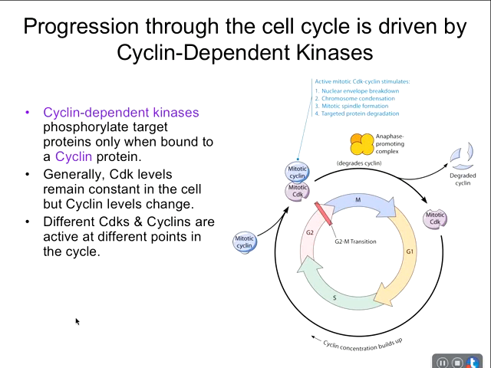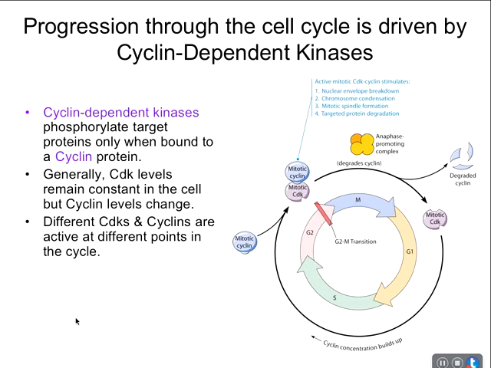All right, so we have pretty constant CDK levels in the cell during the entire cell cycle. This mitotic CDK is at pretty constant levels. What changes is the production of cyclin. We have almost no cyclin present at the end of mitosis. Once mitosis is over, cyclin levels begin to increase. More of that cyclin protein is made.